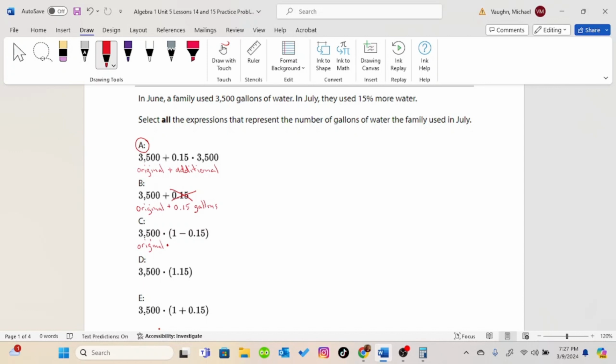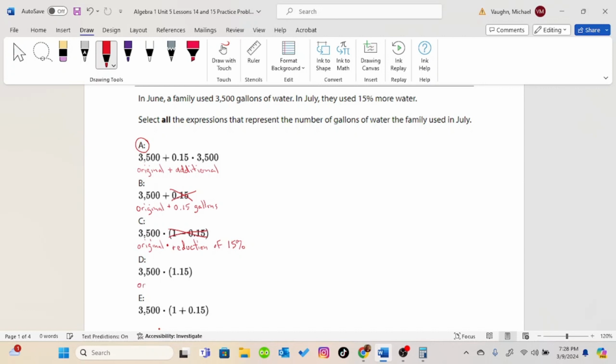So this is actually going to give us a reduction of 15%. So this would not be correct. This would actually say we're using 15% less water in July than we did in June.